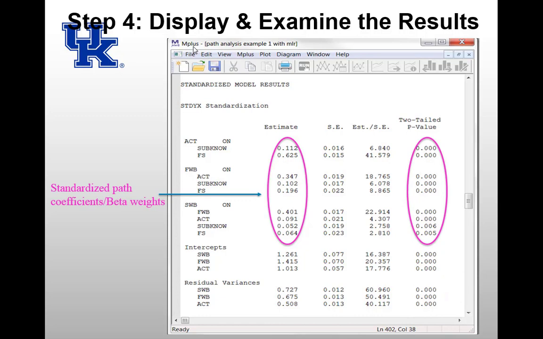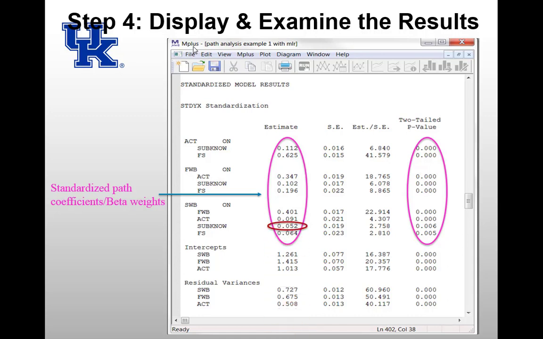So in Mplus, if you request standardized, it will give you both unstandardized and standardized path coefficients, which you can compare to each other and take a look. And these are your p-values, and it suggests that all our path coefficients are significant, right? They're all significant.